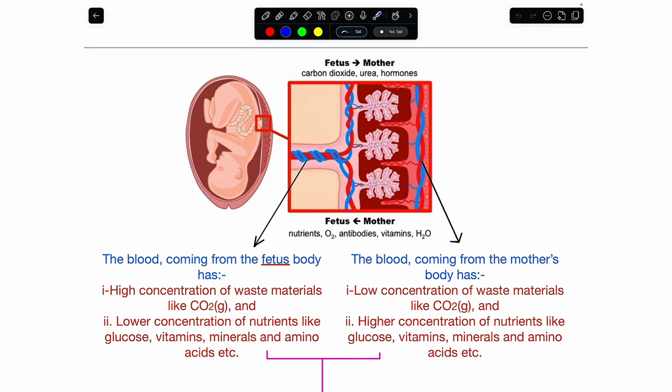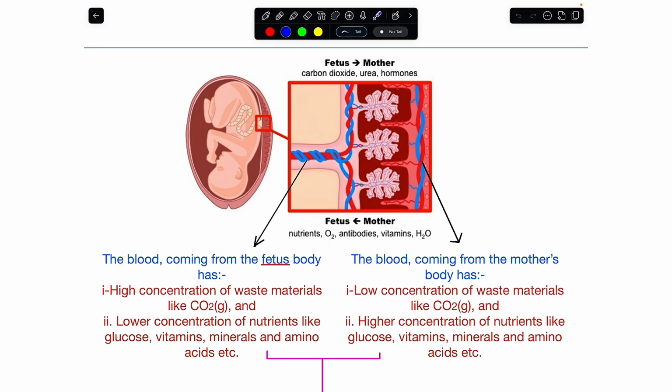As a result, there is a concentration gradient difference between the fetal supply and the mother's blood supply, and ultimately the exchange of materials is brought about. The glucose, amino acids, vitamins, and minerals would get out of the maternal blood and diffuse into the fetal blood.